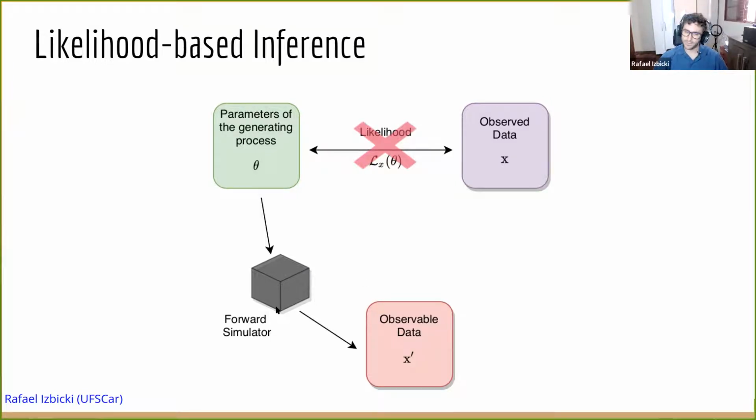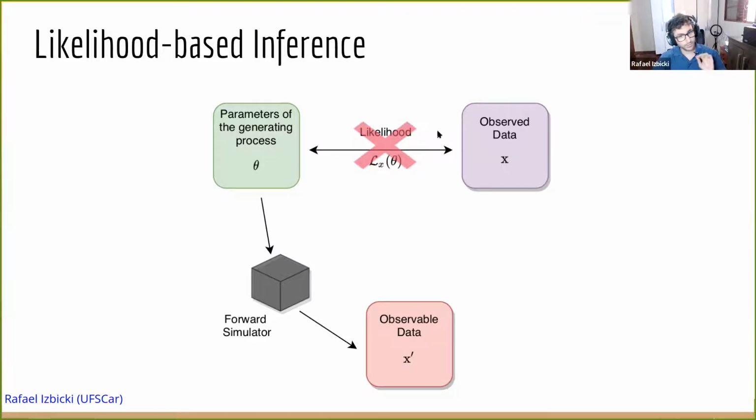What you have instead, you can think of as a code which takes parameters as input and outputs observable data sets that come from this complicated stochastic process. And you can call this function as many times as you want. Of course, there are some time constraints as well, but that's a separate issue.